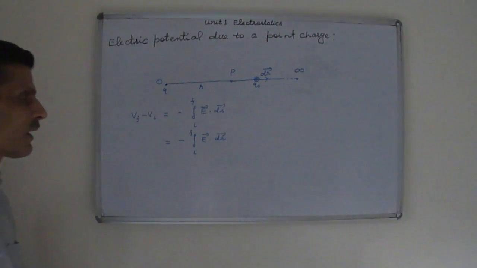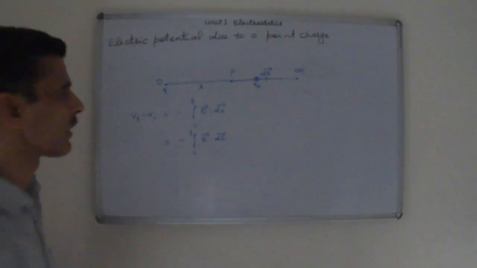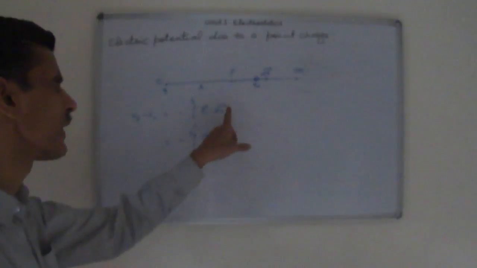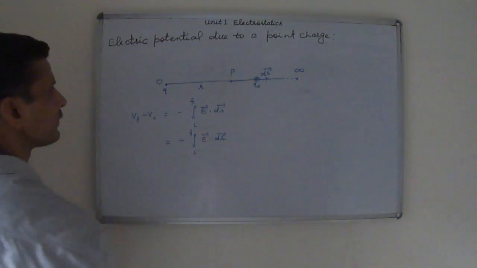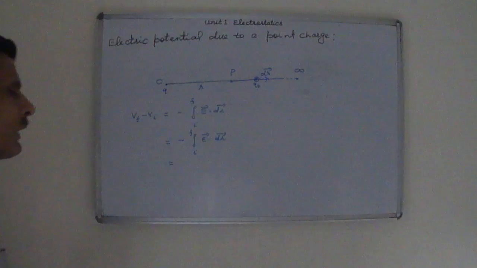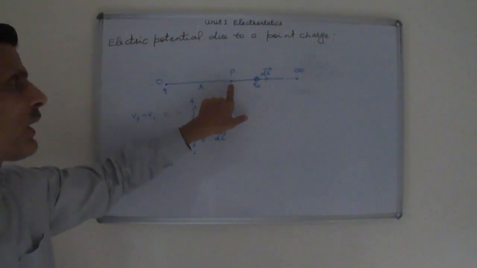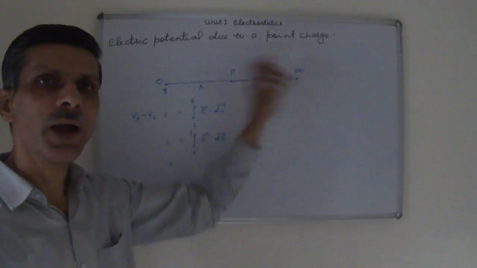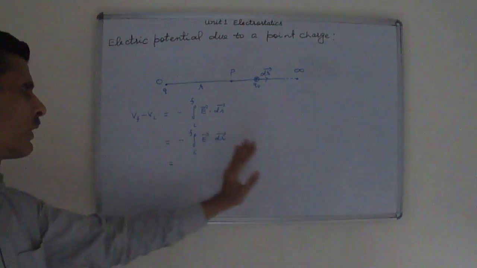So dr vector and ds vector are equal, so in place of ds vector we can write dr vector. Here point P is the initial point, and infinity is the final point. So this relation we know.